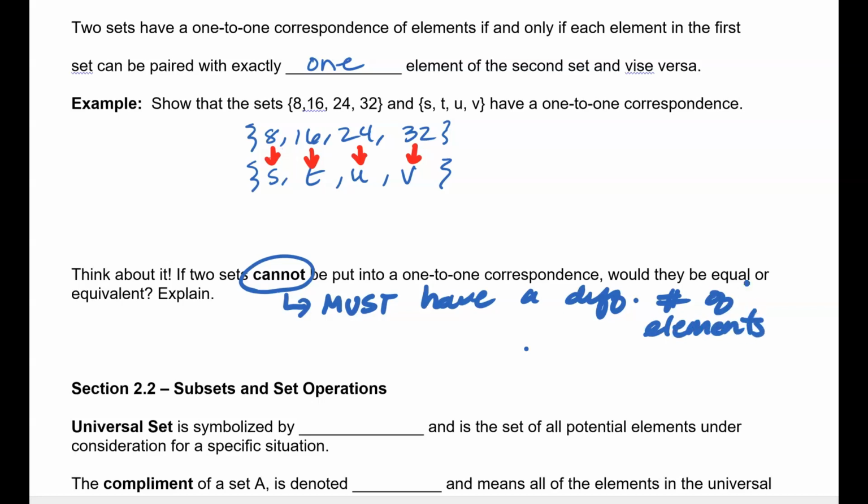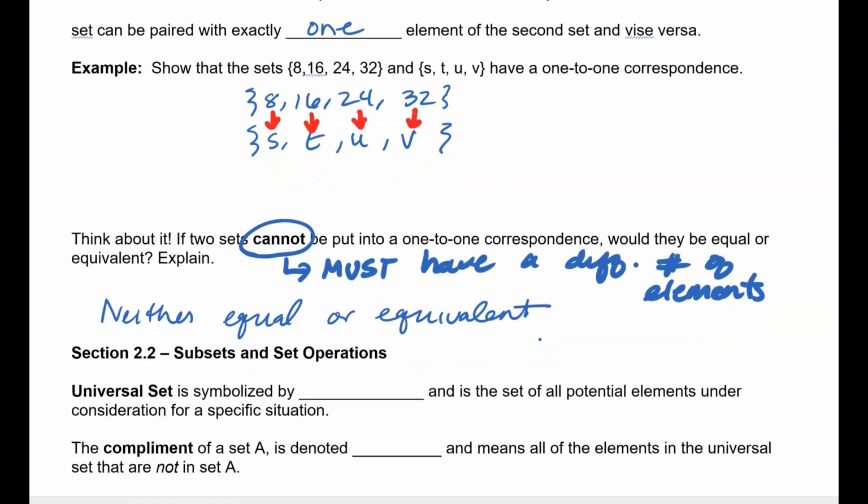So one's bigger than the other. Is it possible for them to be equal or equivalent? The answer would be no. So they're neither equal nor equivalent. It wouldn't be possible if they cannot be put into one-to-one correspondence.